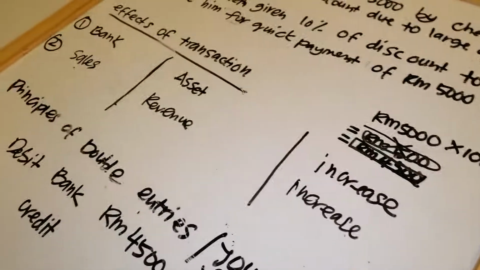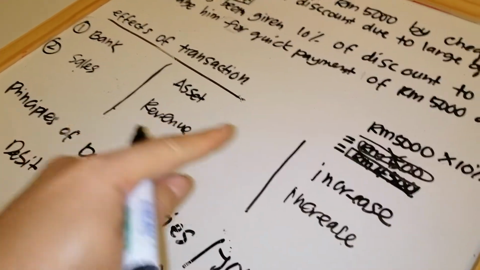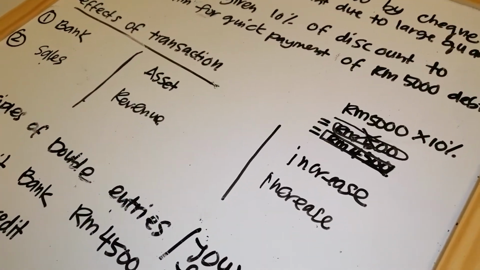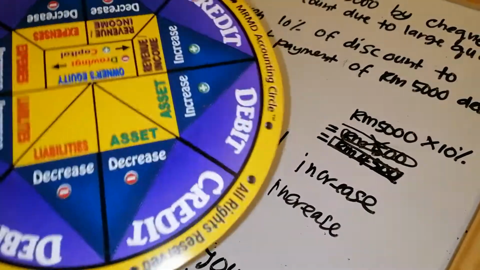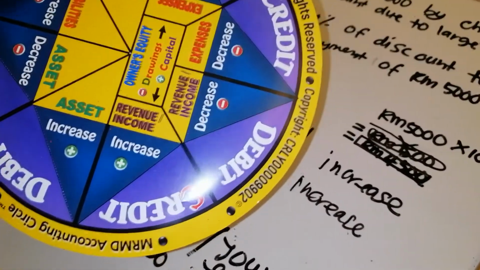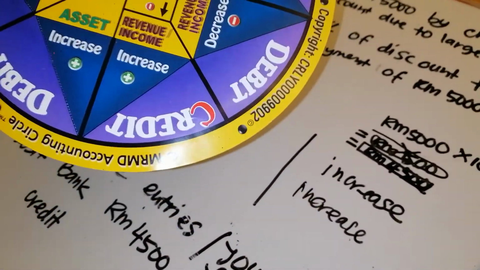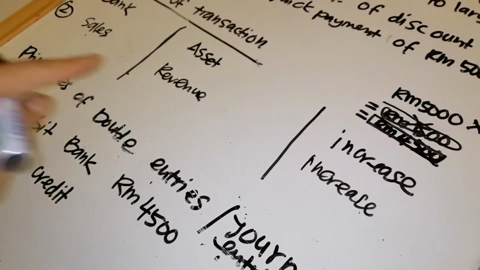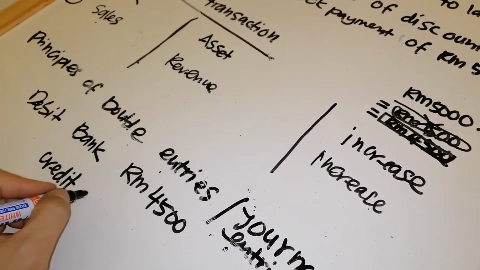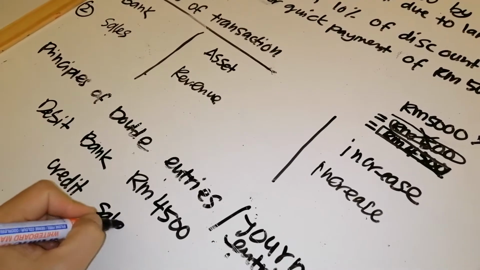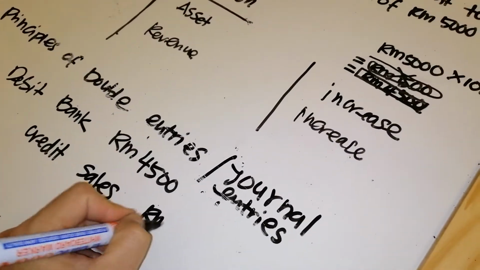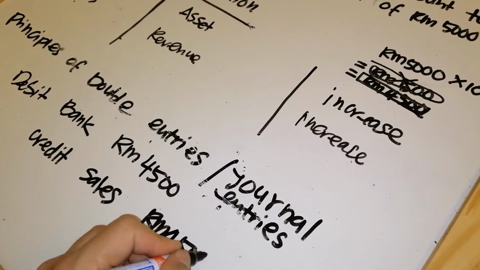Okay. Sales is under revenue. Revenue for business increase. So you go to revenue. Okay, revenue increase, we record under credit. So not credit revenue, credit the revenue item here, which is sales, also 4,500.